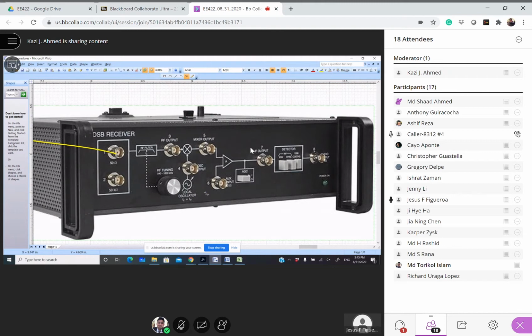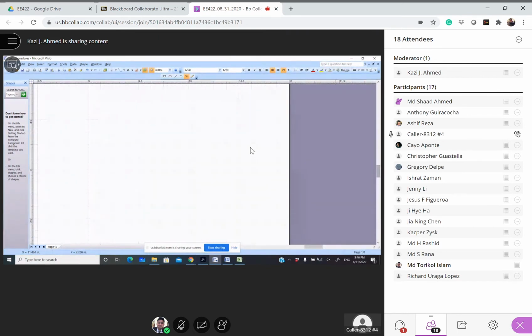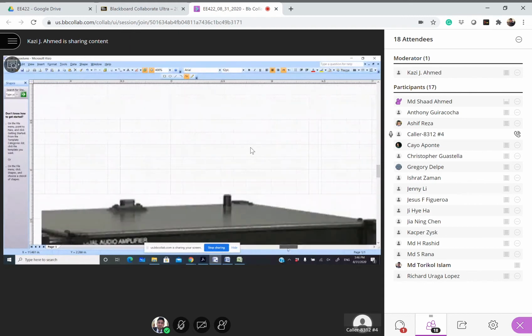I think it's the last one, number 8, because it kind of says audio there. I can see the audio. Okay, good. You have very good eyesight. Yeah, it looks like this one. So this is our output of the receiver.